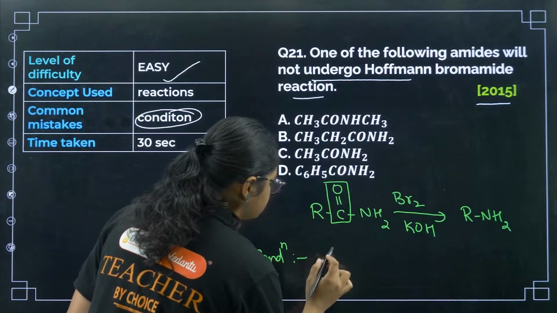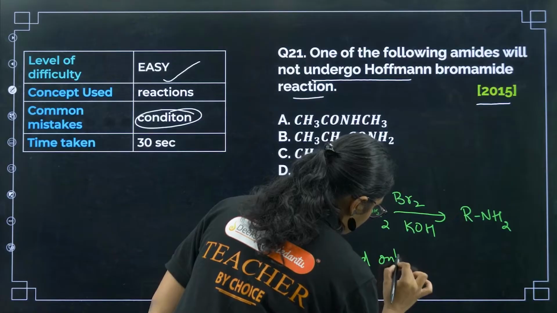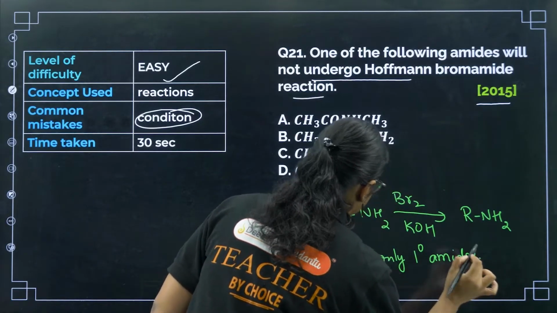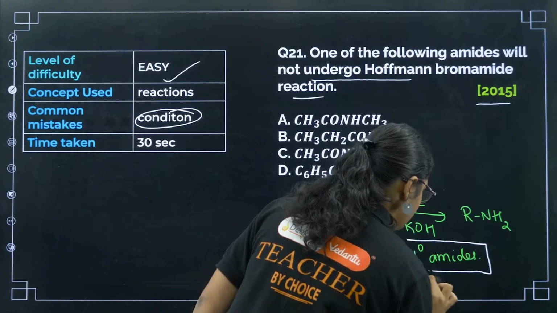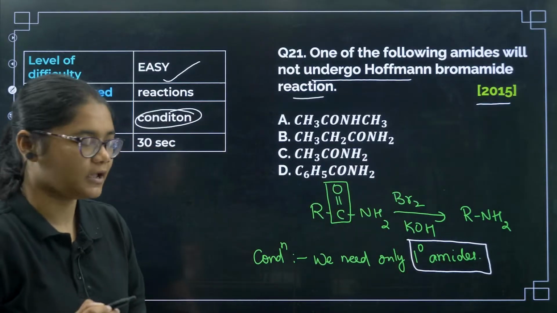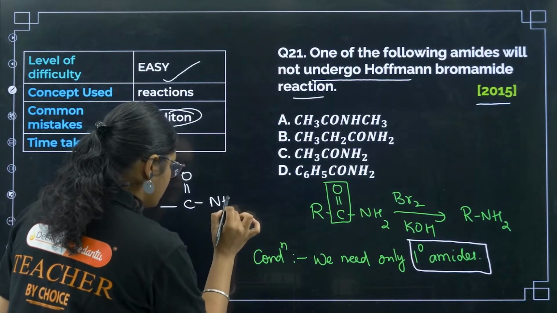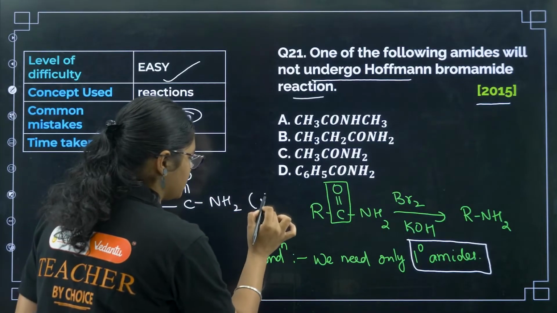Okay, what is the condition for this reaction? The condition is we need only primary amides. This is important. Now what do you mean by primary amide? See, this is an amide group, okay. If only one H is replaced with this CO group, then it is a primary amide.